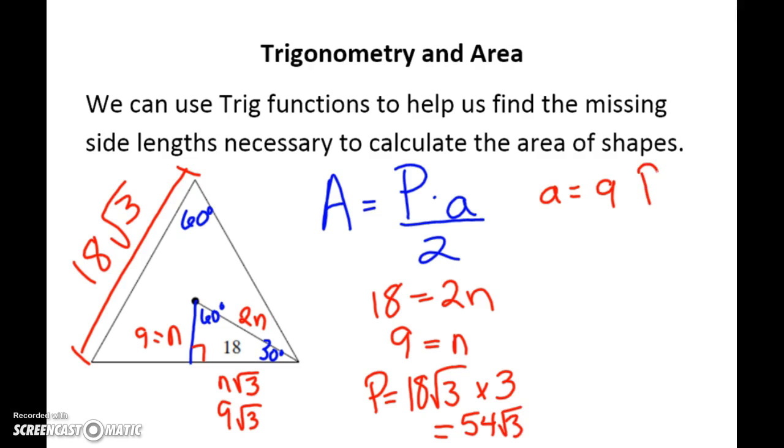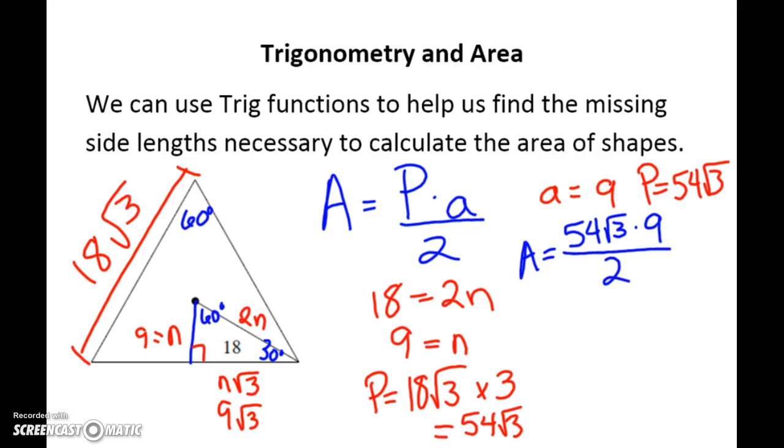So we now know P is 54 root 3. Now I'm ready to plug in to my equation. So area is going to equal perimeter, 54 square root of 3, times the apothem, 9, divided by 2.